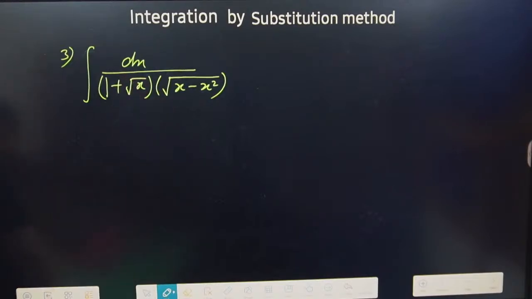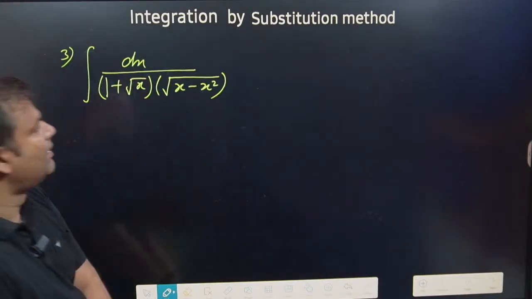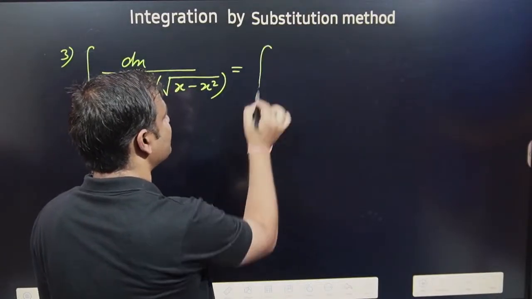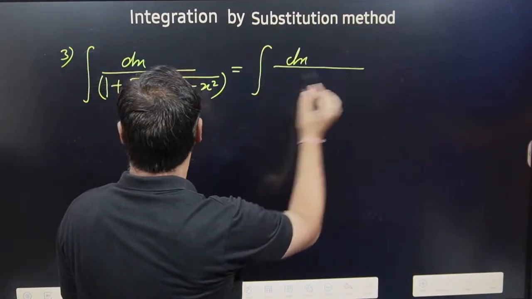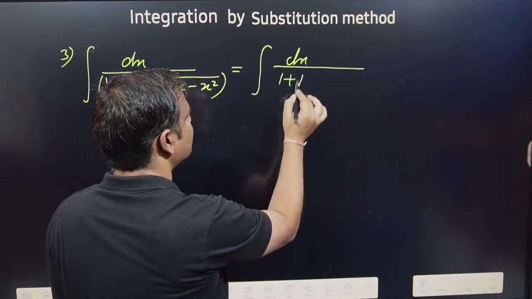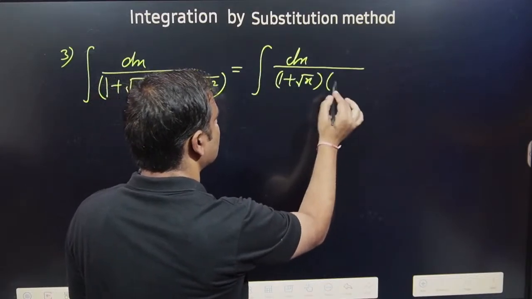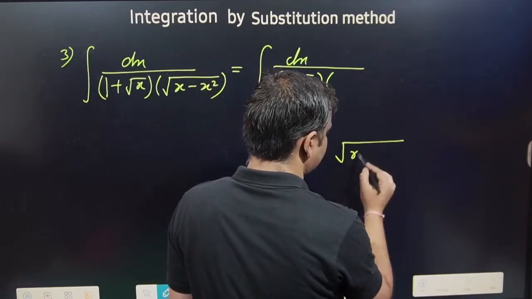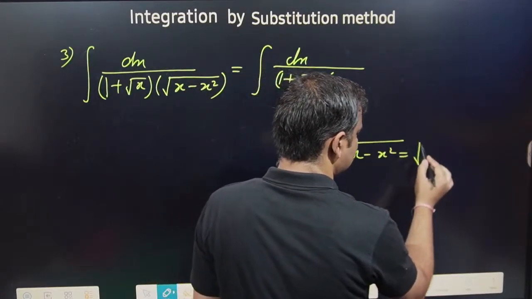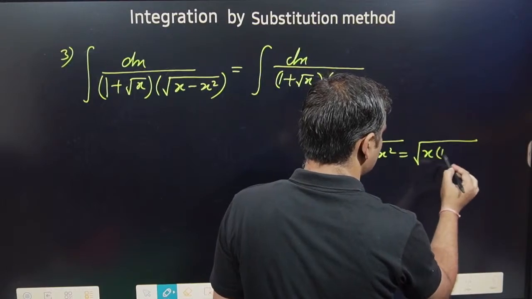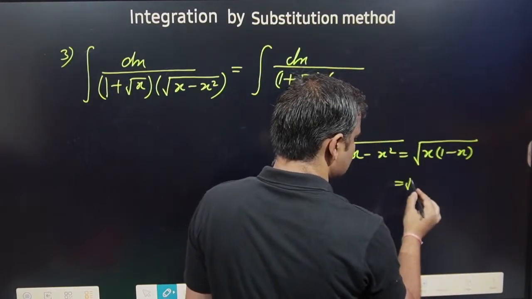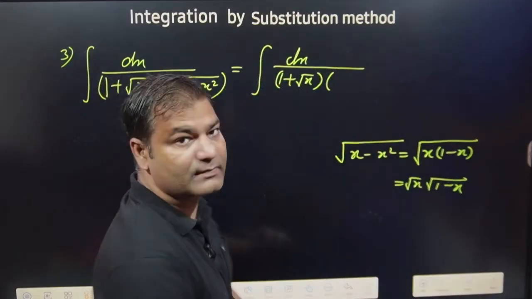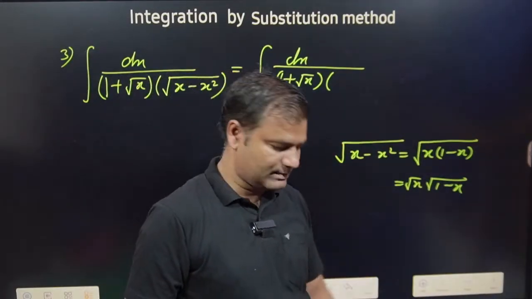This part is written as the integration of dx divided by 1 plus root x. Now look here, x into 1 minus x, so you can say root x into root 1 minus x. I hope that is clear. That part is basically replaced by that part.